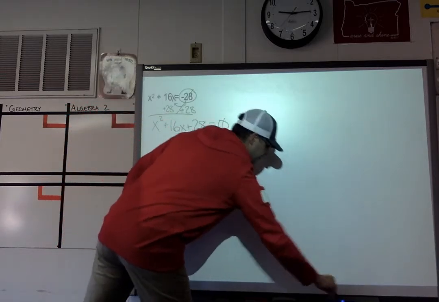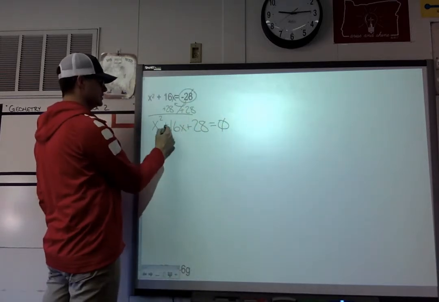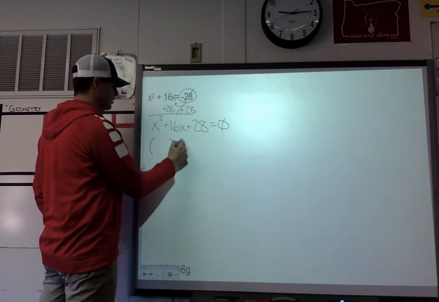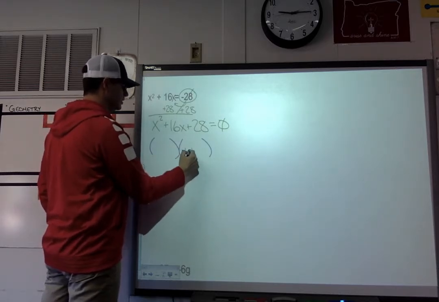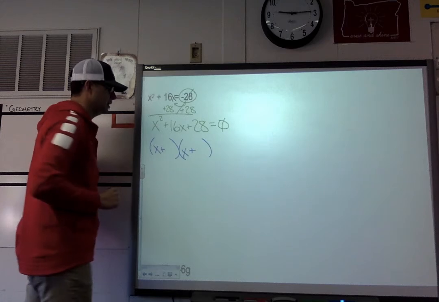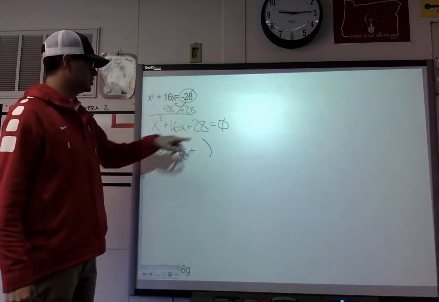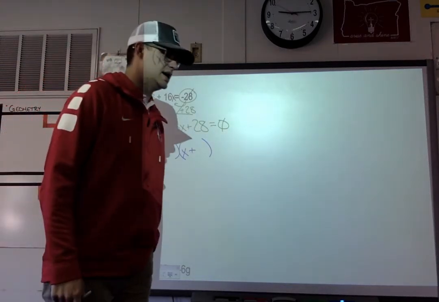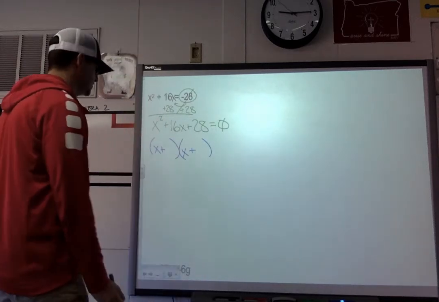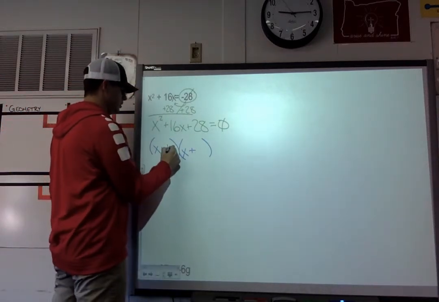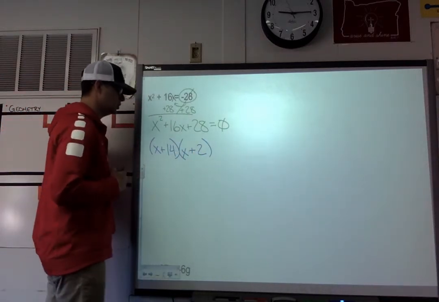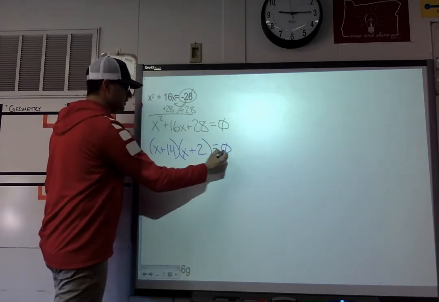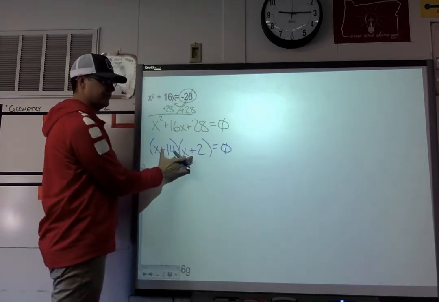Now we can go ahead and factor this. Since b and c are both positive, we know that both of our binomials are going to start with x plus. Now, two numbers that multiply to 28 and add to 16 would be 14 and 2. So that's factoring.